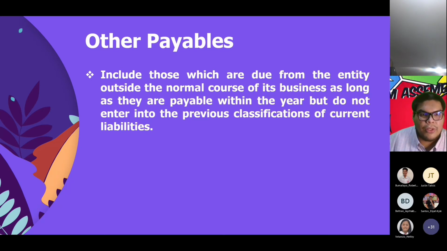So include those which are due from the entity outside the normal course of business as long as they are payable within the year. Pero again, wala rin siya dun sa category ng mga previously mentioned na current liabilities. So again, as much as possible, wala po tayong other payables.